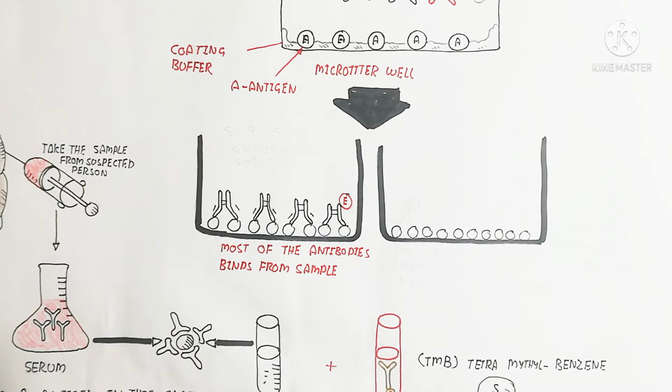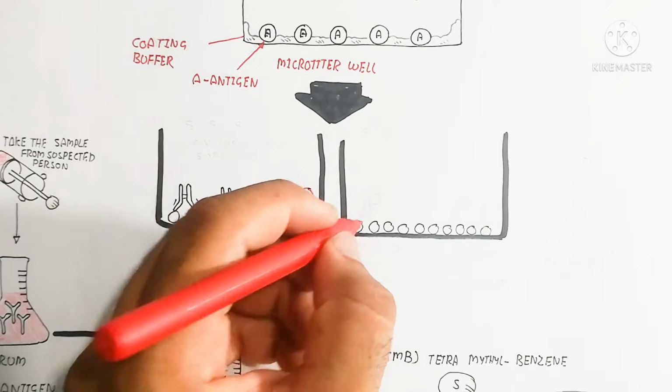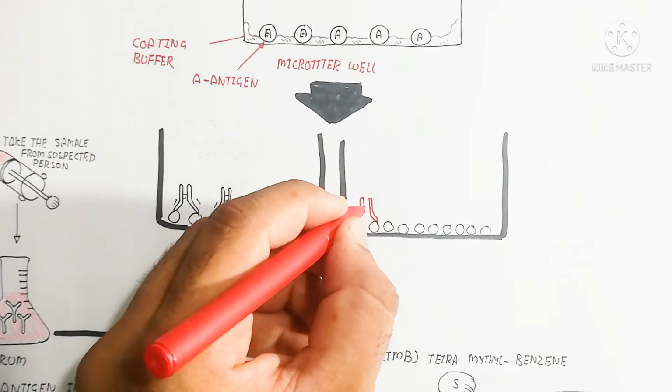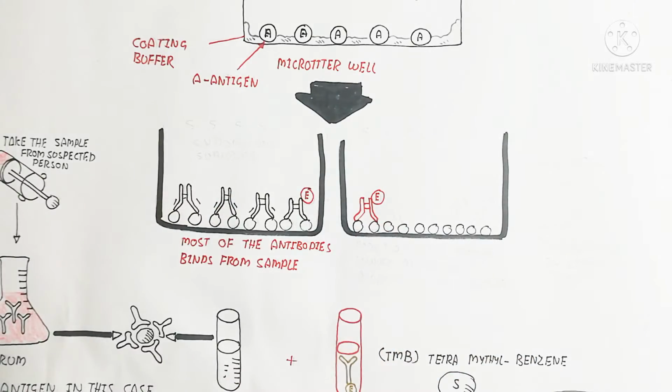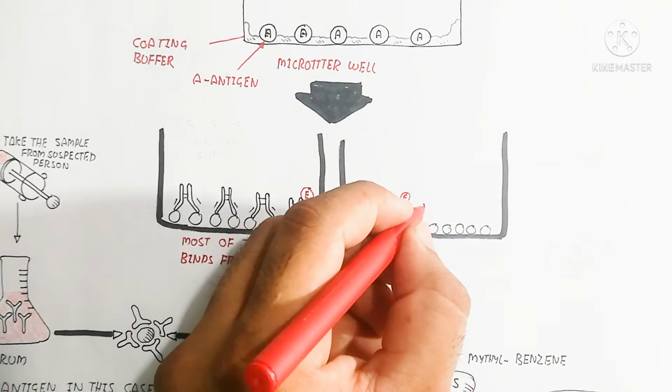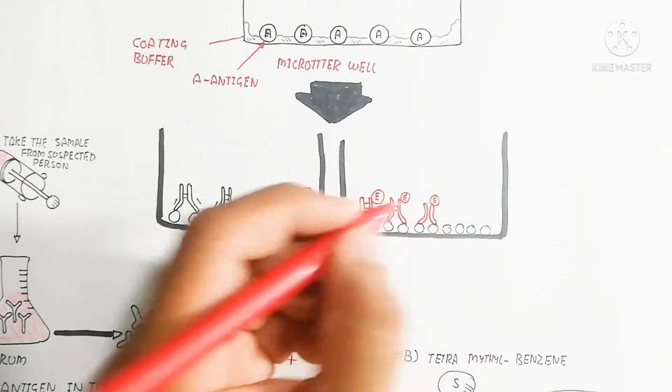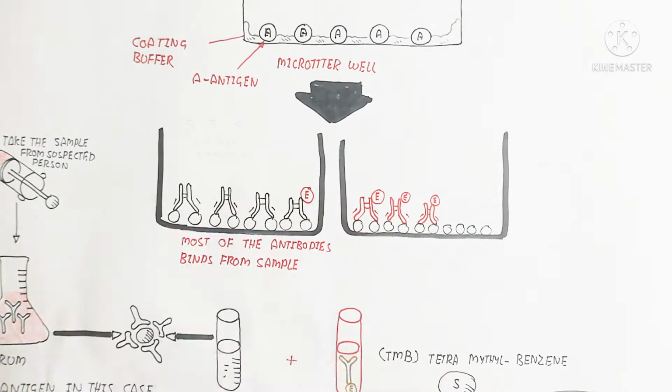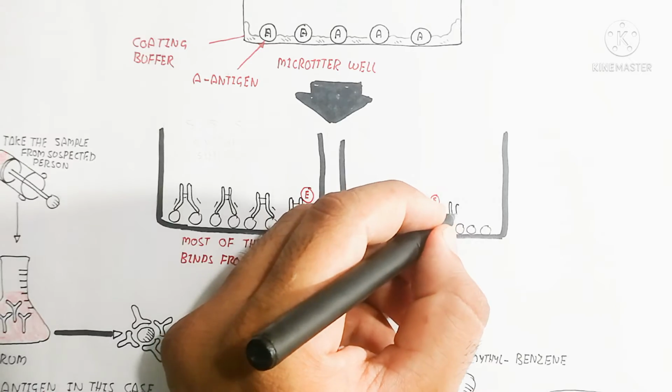So the color produced after the product is less. This means the person is suspected and confirmed of HIV infection, due to the production of antibodies against the HIV virus.